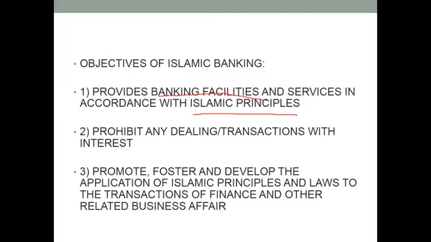So you are the one who will be doing it, right? And then the objective is also to prohibit any dealing or transaction with interest, the riba. So no riba should be in the system, right?